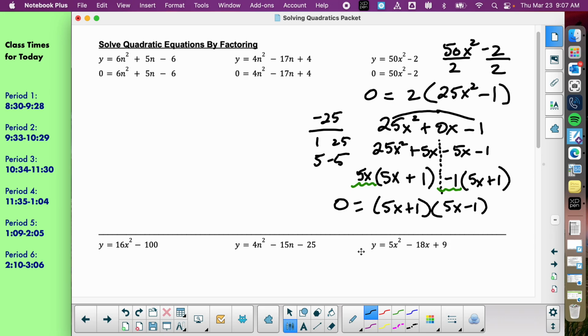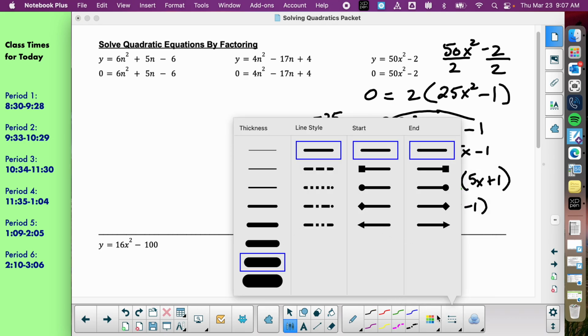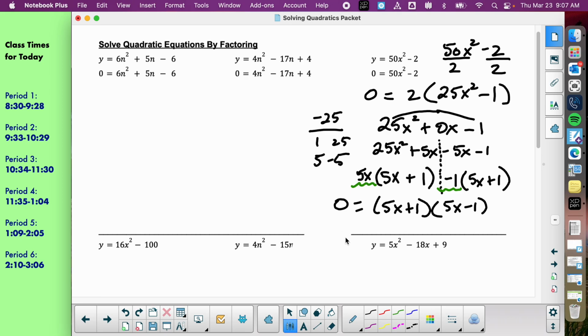I'm not really sure how to fit this up here. Whatever, let's cheat a little bit. I'm going to solve each of these separately.